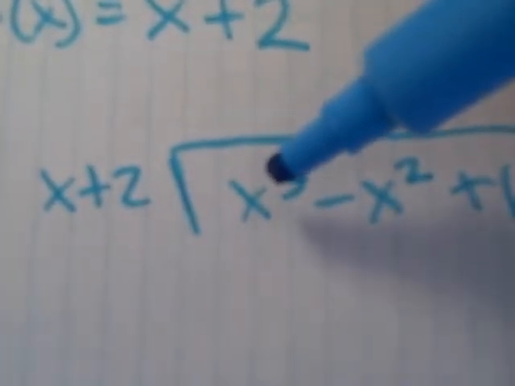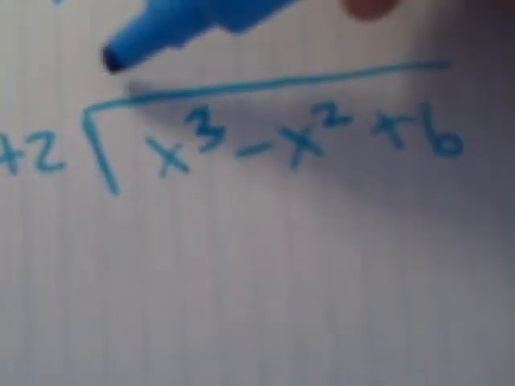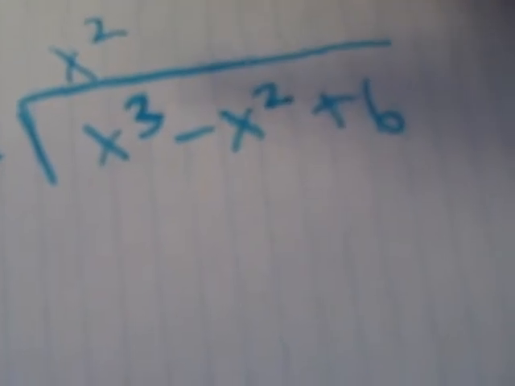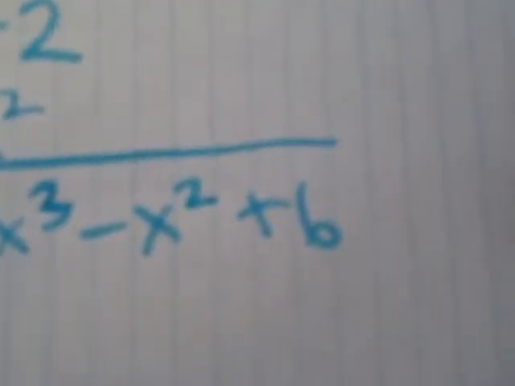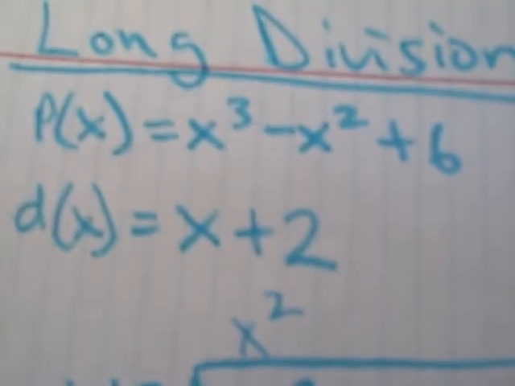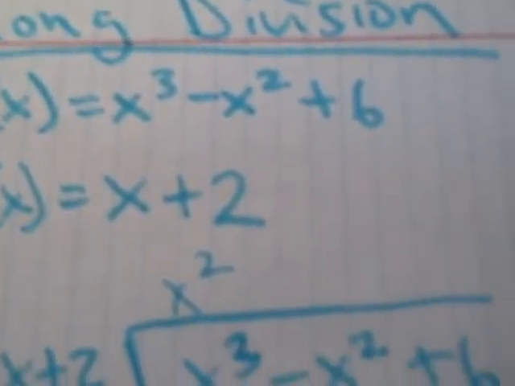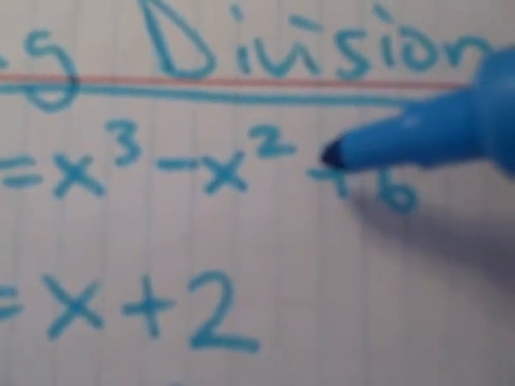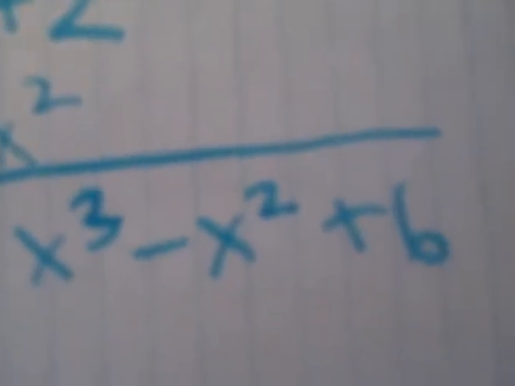To get x cubed, you would have to multiply x by x squared. Since there is no x in the problem, as we did in synthetic division, we're going to put a place value in there for the x and then just add the 6 towards the end.